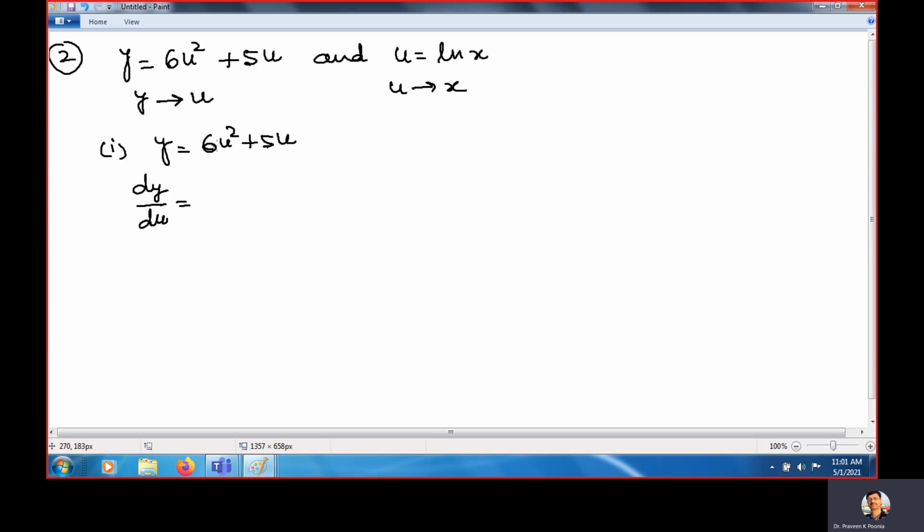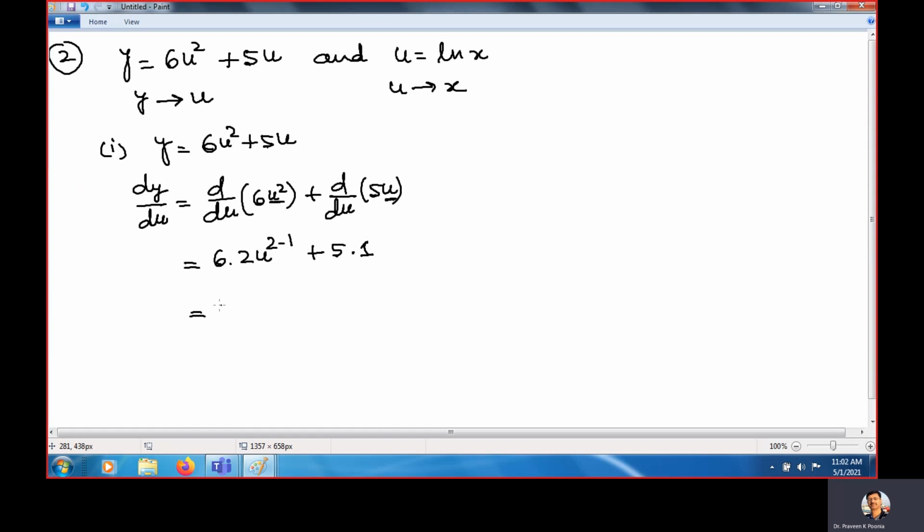Y with respect to u. It is d by du of the first term, 6u power 2, plus d by du of the second, 5u. Dear, 6 into the derivative of u power 2 is 2u power 2 minus 1, plus 5. The derivative of u with respect to u is 1.